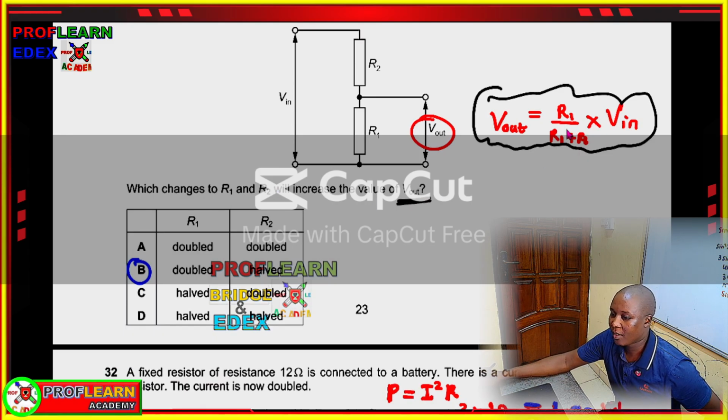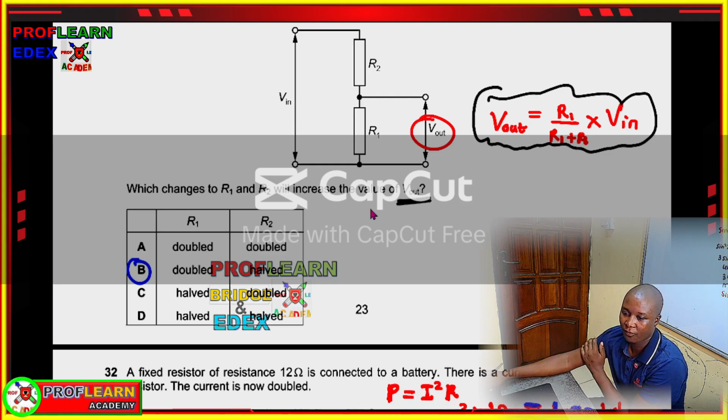So you see, if you double R1 and halve R2, then you are going to increase the V out, because if you double R1, this numerator is becoming larger, right?